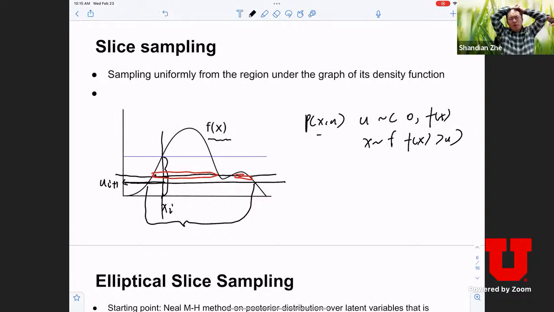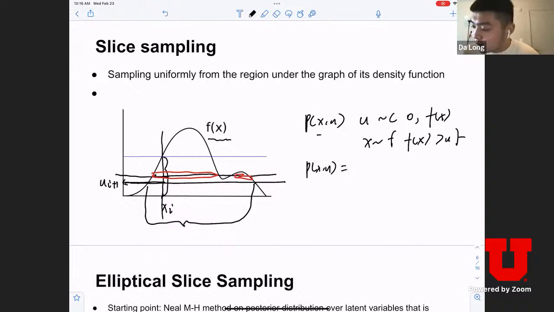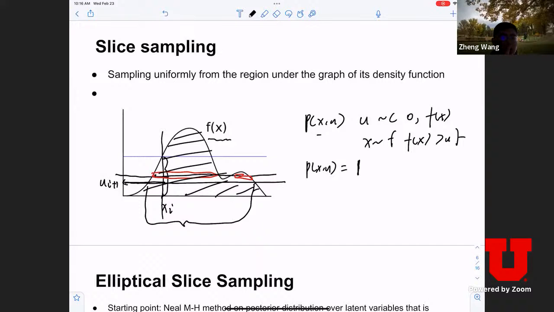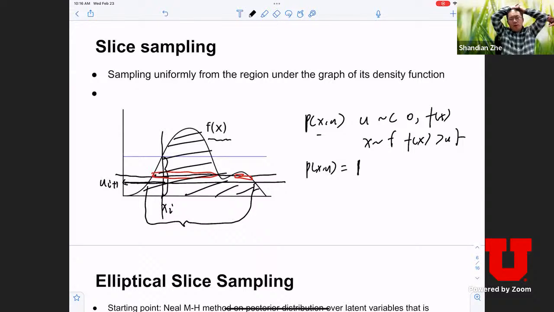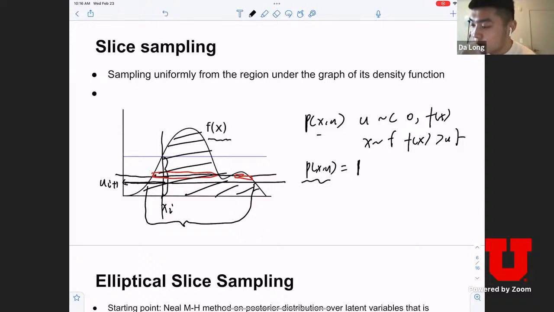Okay, so what's the definition of a joint distribution of x and u? The definition is this region under the density function. So P(x, u) is 1 because the area is 1.